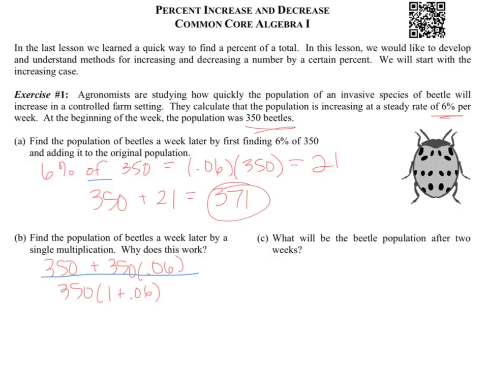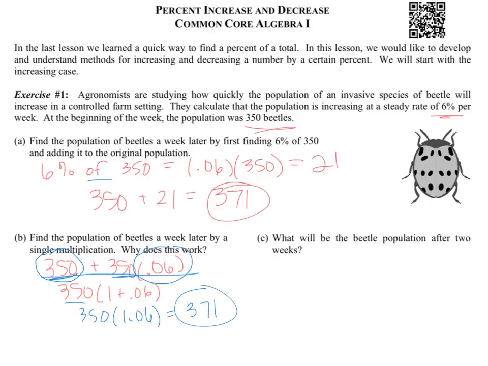So we're going to undistribute it. They both have 350 in common, so I can take a 350 out, and then I'm left with 1 plus 0.06. So this is the same thing as taking 350 times 1.06, and you end up with 371.